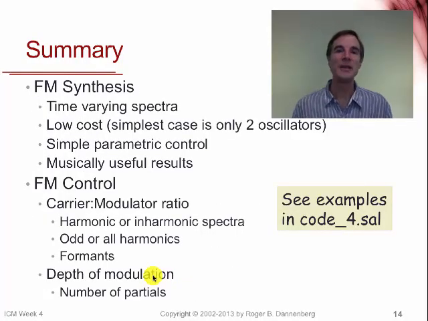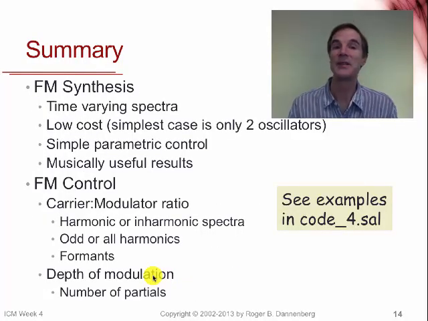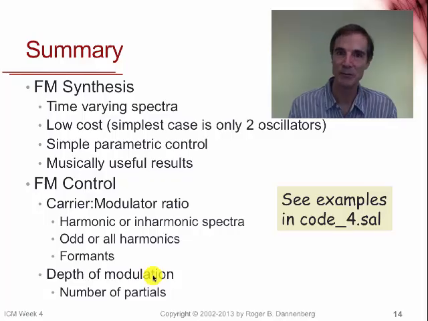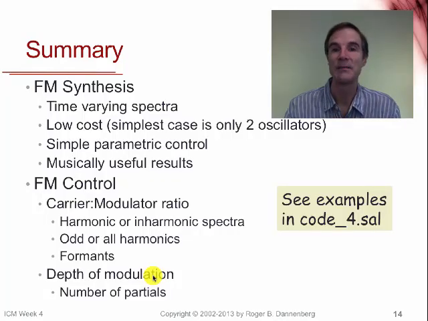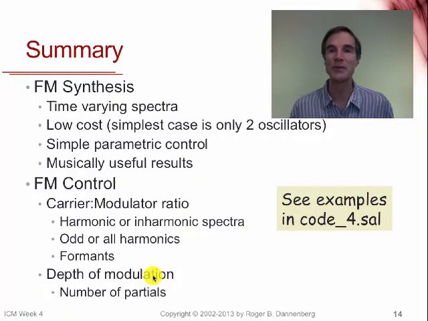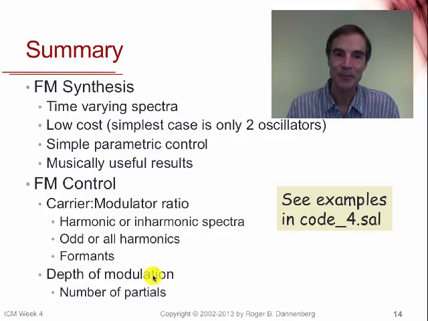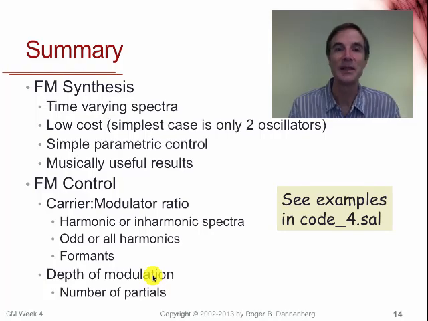So, in summary, FM synthesis is powerful because it produces time-varying spectra at very low cost. The simple case is we have only 2 oscillators, and also with simple parametric control. We did all of these examples with just a few simple envelopes, changing the depth of modulation, and that gives us a very interesting space of sounds that are very musically useful.